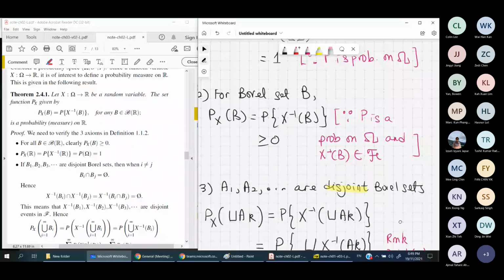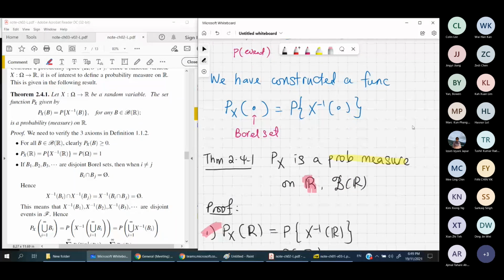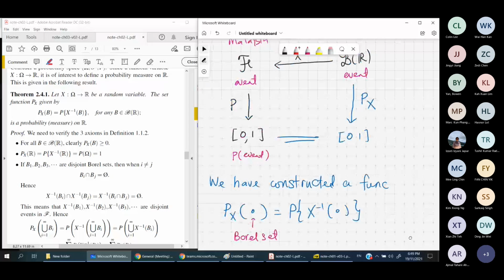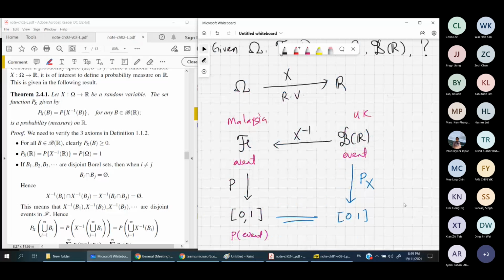Okay, like I said, let's look at our setting here. First of all, we begin with this probability space omega, F, and P. Then we use a random variable X to relate this omega to R. And because this is a random variable, we can use the inverse of this random variable to relate every Borel set in R to an event in F here.